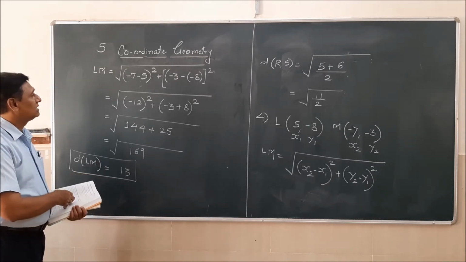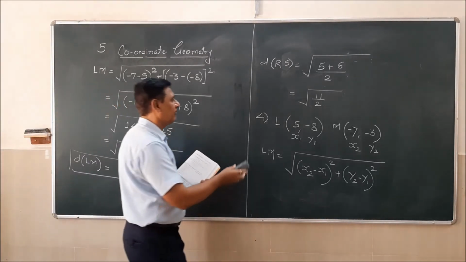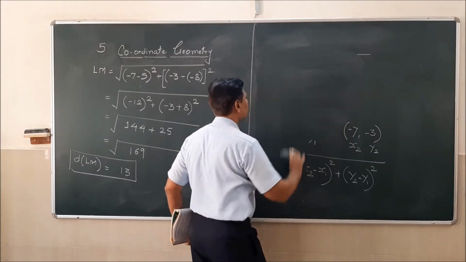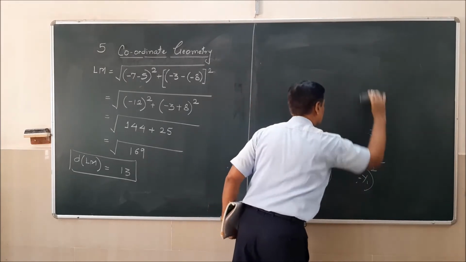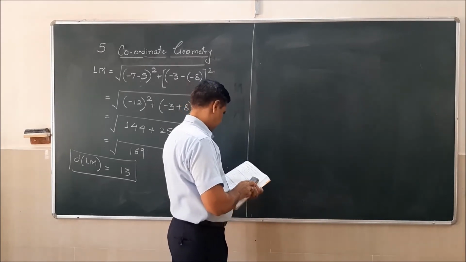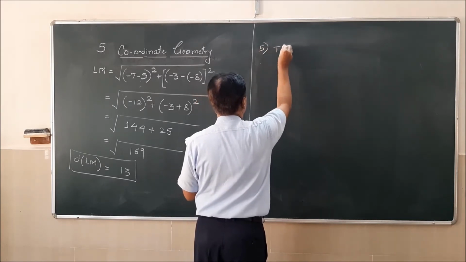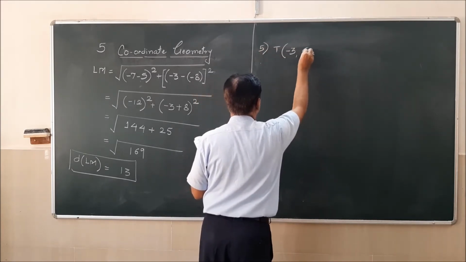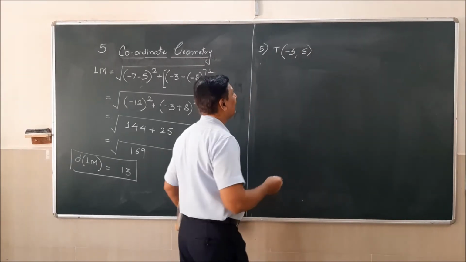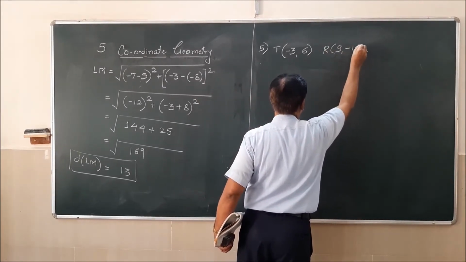Next to that is question number 5. Coordinates for question number 5 are given as, please see the textbook. Question number 5: T is minus 3, comma 6, while the coordinates of R are 9, comma minus 10.